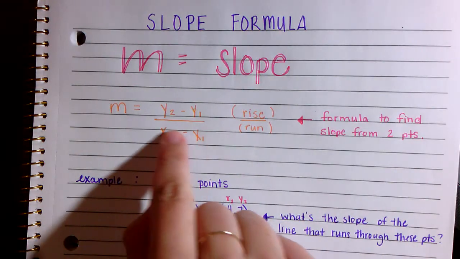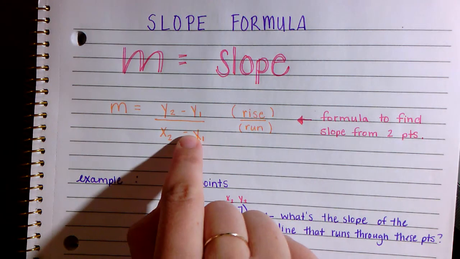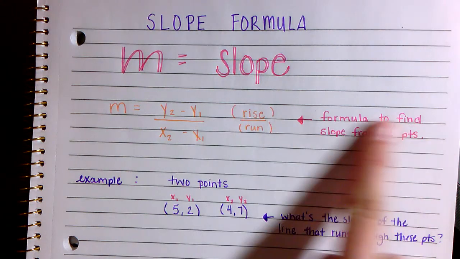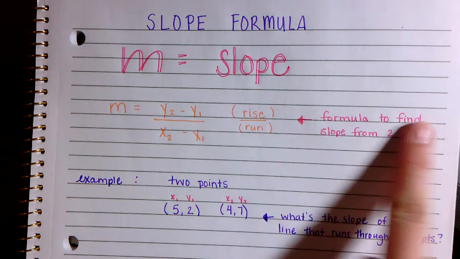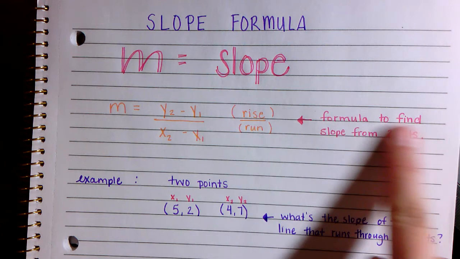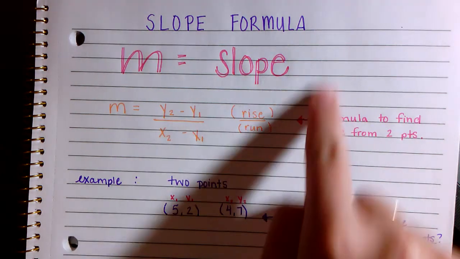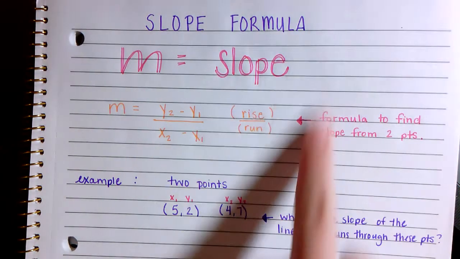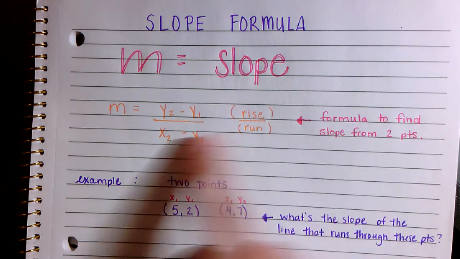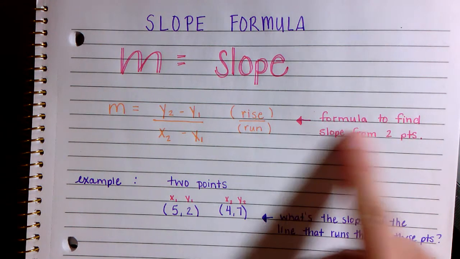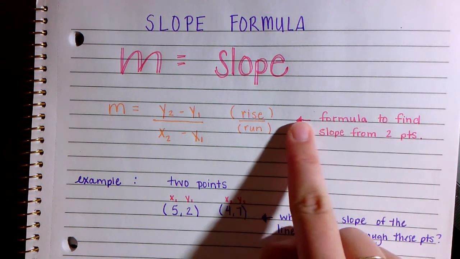If you're talking about the difference between the two x values of your points, you're talking about the difference between them horizontally, which is how far they are apart from each other on the x-axis, or imagine how far they run. So the y values are how far apart they are up and down, which causes you to rise. The x values are how far apart they are side by side, which is what we call running.